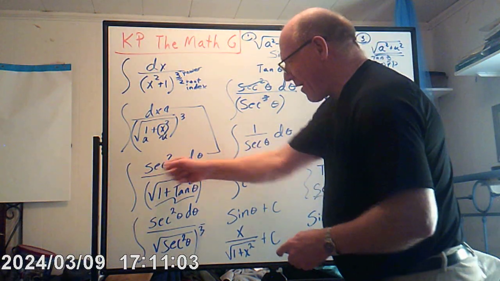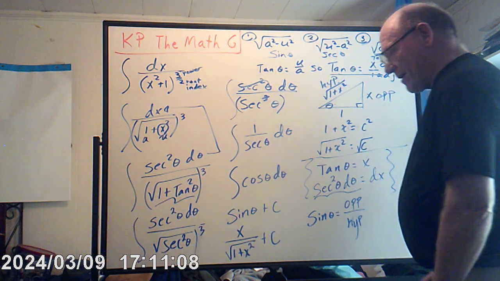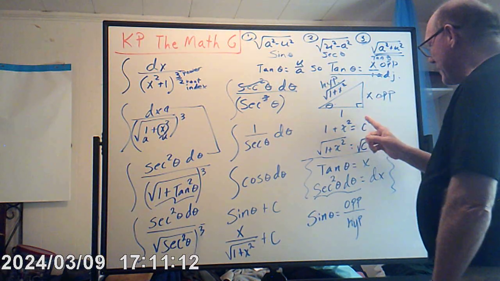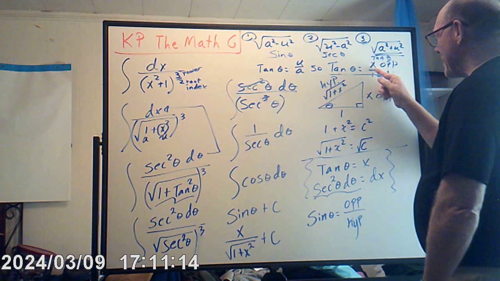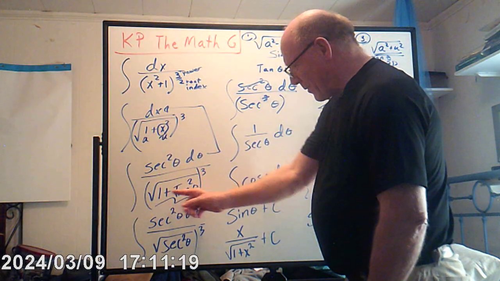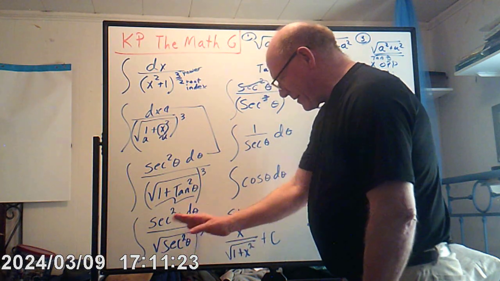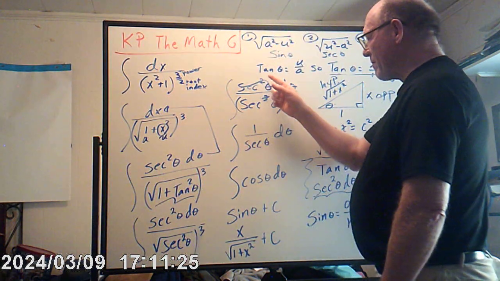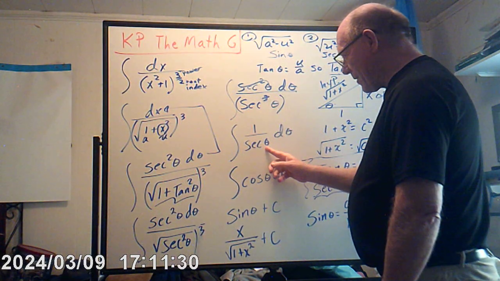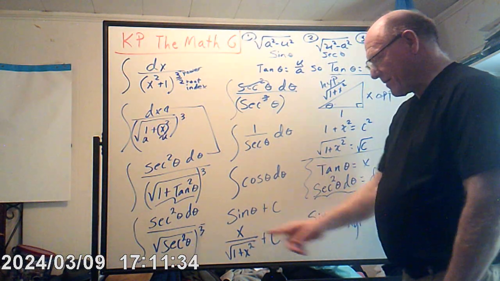I put that right up here where dx is. And in place of x, I did have to put down tangent. We had tangent theta equal to x, but that was squared here, so 1 plus tangent squared is secant squared. The square root of secant squared is just secant, but then when we knock out these exponents, we're down to 1 over secant, which is cosine, so sine theta plus c.